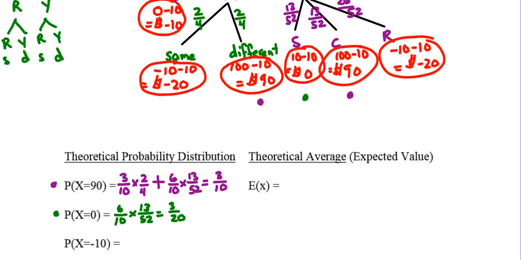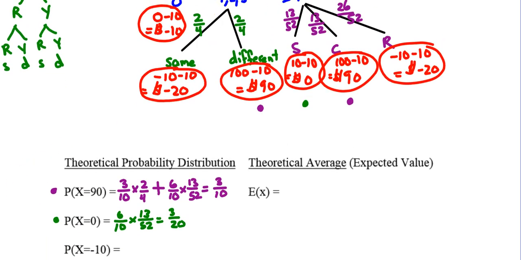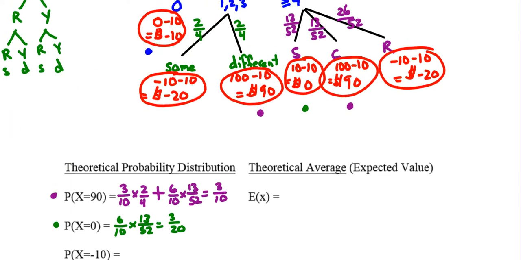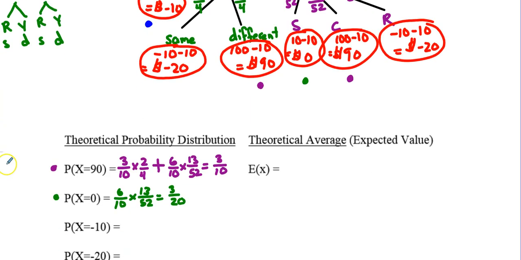Our next outcome would be losing $10. So to lose $10, you have one outcome, which is just rolling the 0. A 10-sided die goes from 0 to 9, not 1 to 10. So that's just 1 over 10.